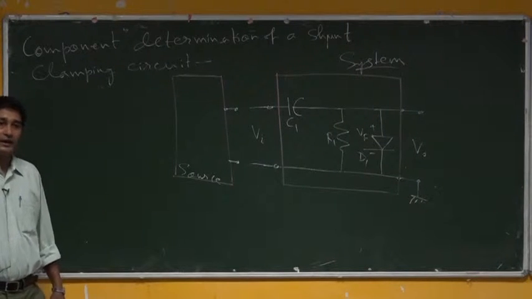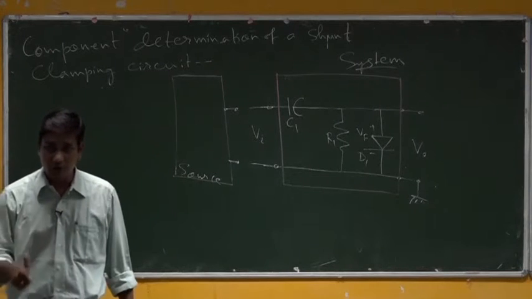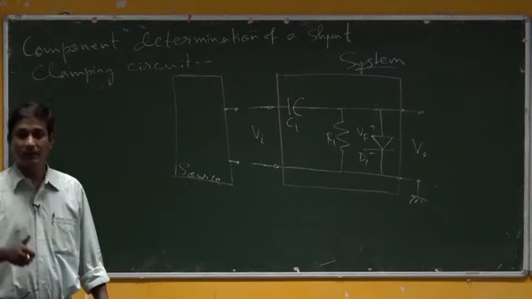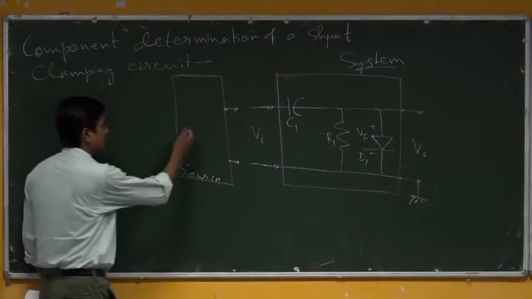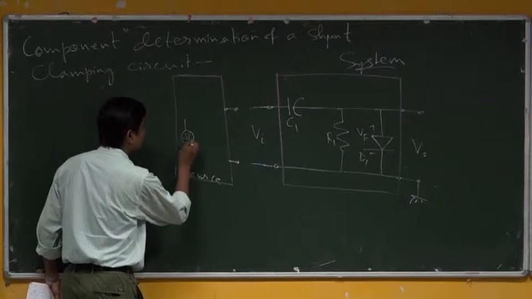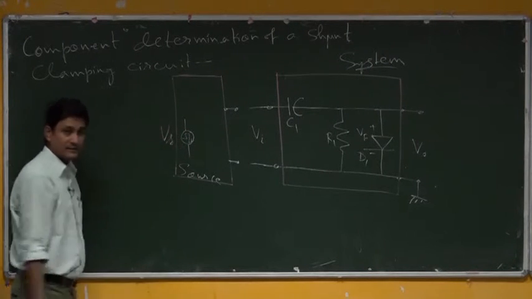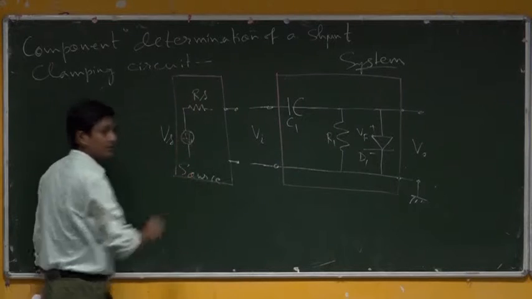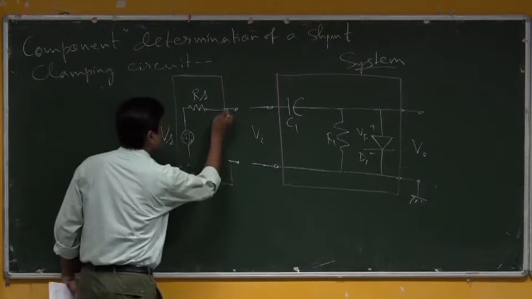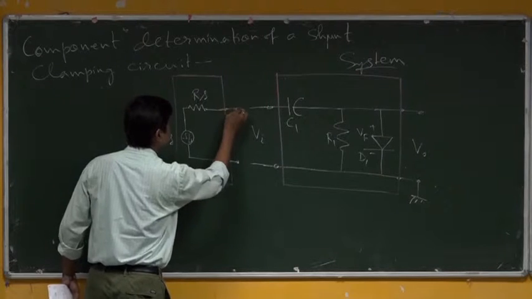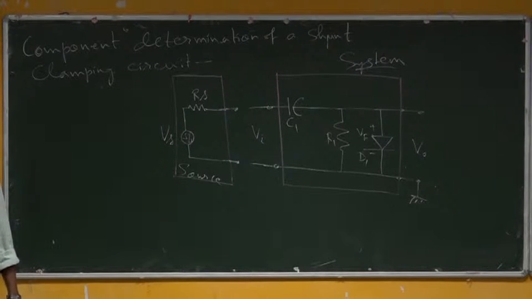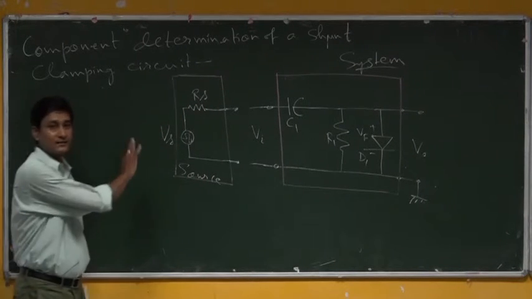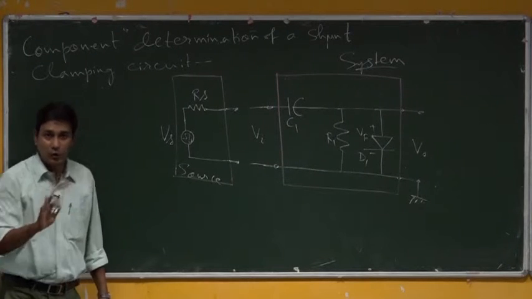In any practical system, if it is a voltage source, it will give the voltage along with which one resistive component will come into its path. Equivalently, if I represent that source as Vs, it will have one internal resistance Rs in it, and together it is a source which we practically use. Ideally, this Rs will be equal to 0, but practically Rs is not 0, but of lower value.